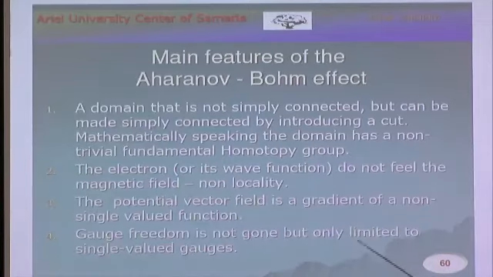The electron, or its wave function, does not feel the magnetic field. So this is a non-local effect, non-locality. The vector potential is a gradient of a non-single valued function. And of course, gauge freedom is not gone, but you have to be careful to use only single valued gauges, otherwise you change the physics of the problem.